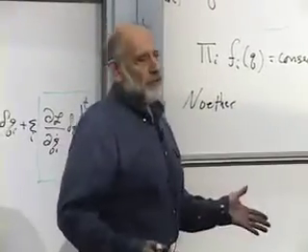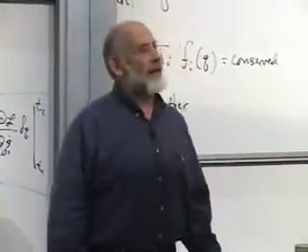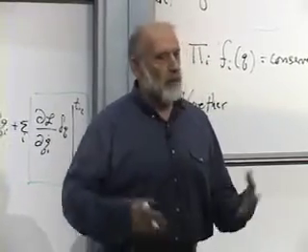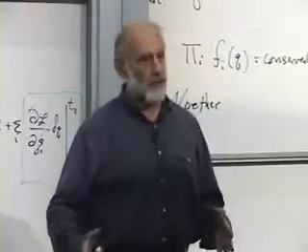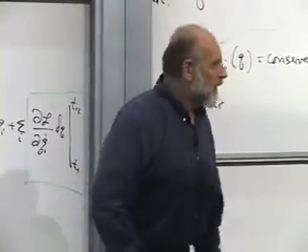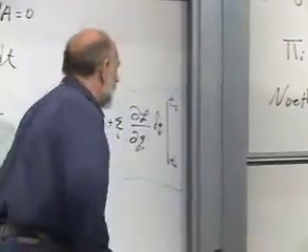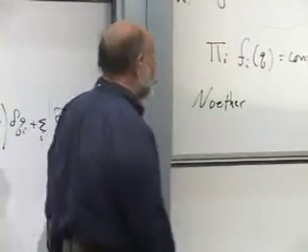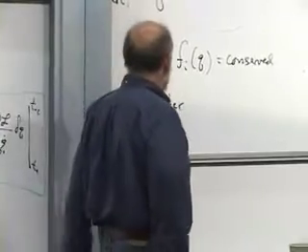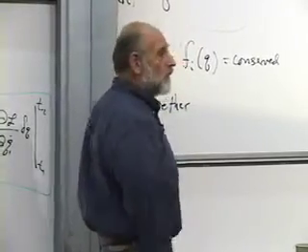Why is it called a charge? It's called a charge just by analogy with electric charge. Electric charge is conserved, and physicists fall into the habit of calling anything which is conserved a charge. But all it means is a conserved quantity. Momentum is a charge. Energy is a charge. Anything which is conserved is sometimes referred to as a charge.